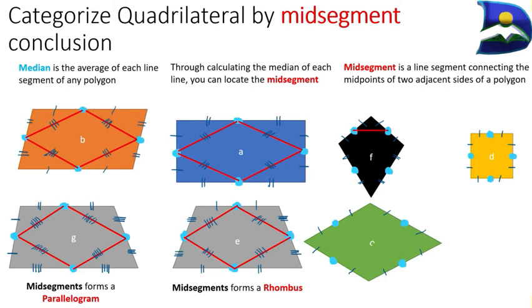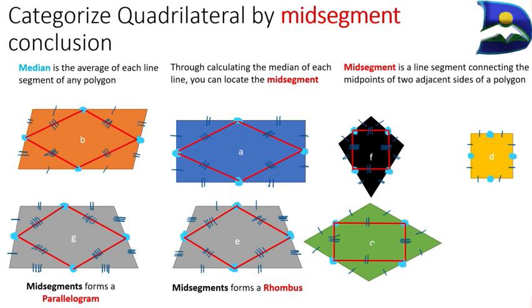And the next one here is this particular kite. We see that this line and this line are equal in length, and these two lines here are equal in length. So it means that the two opposite sides are equal in length, and this is applicable as well to the green shape, which is called a rhombus. And the midsegments have two lines that are equal and the other two opposite lines are equal.